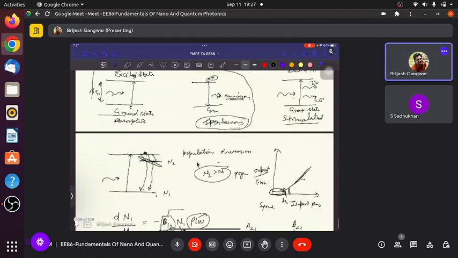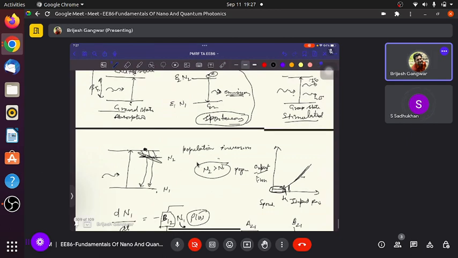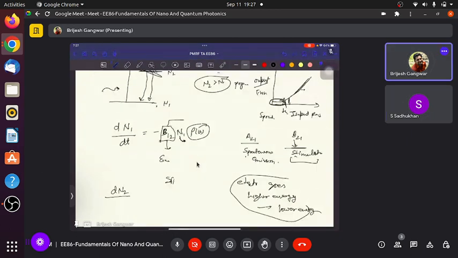Similarly, you can write the equation like we have in this figure. If we have n1 and n2, and the energy of this one is E1, this is energy E2, then dn2 over dt is the rate of change of electrons in the excited state, right?